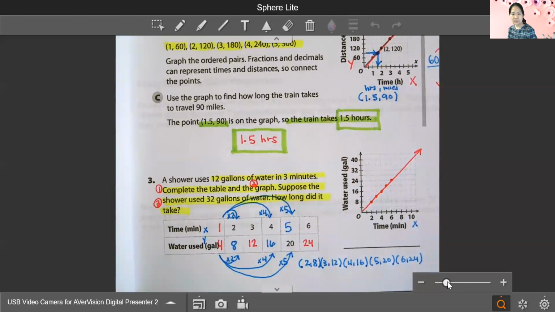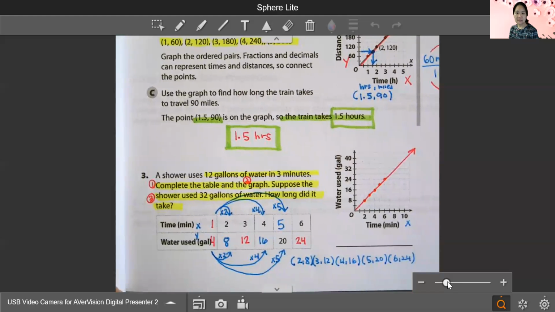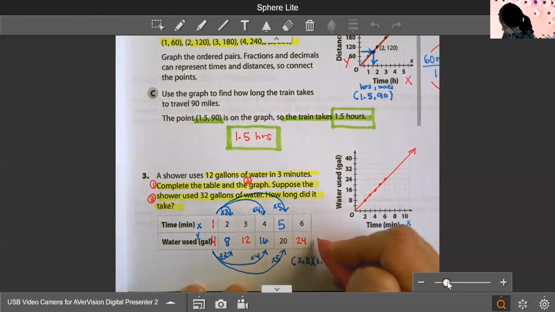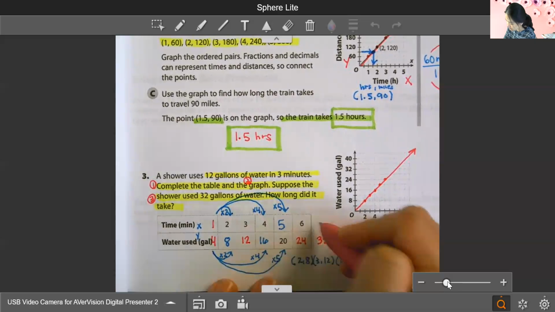Now I'm going to answer the last question. Suppose the shower used 32 gallons of water. How long did it take? I'm going to solve it using 2 different strategies, one looking at the table, the other looking at the graph. So 32 gallons. I'm going to try to put 32 here and find out what this is.